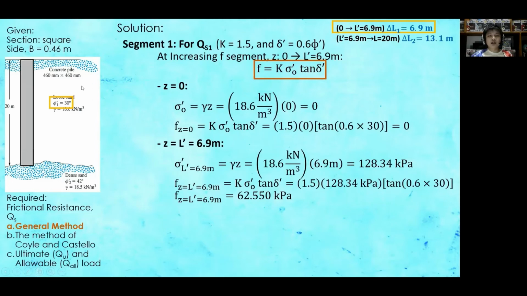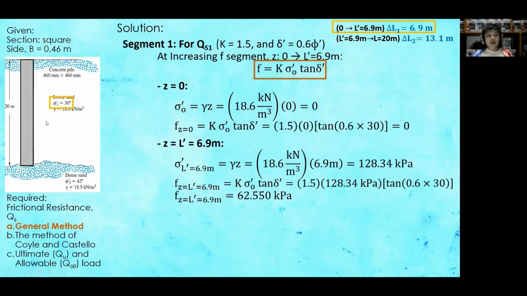So for layers of soil, please do consider the property which is directly in contact to the skin of the pile. So for this problem, instead of 42, we will be using 30 degrees.